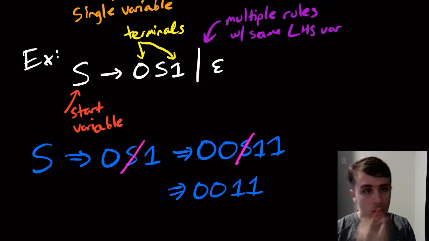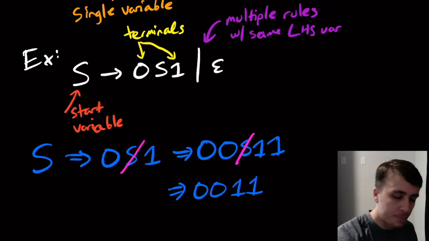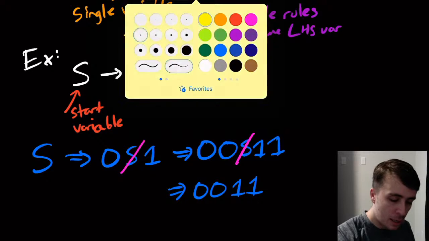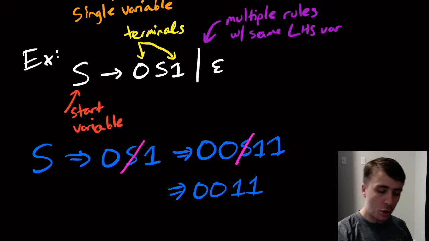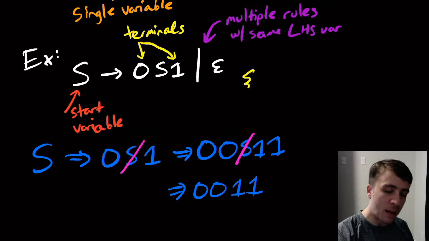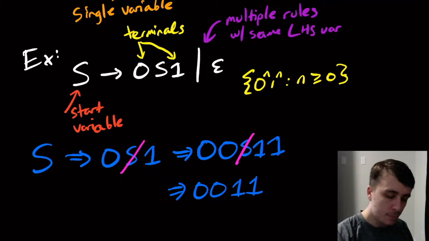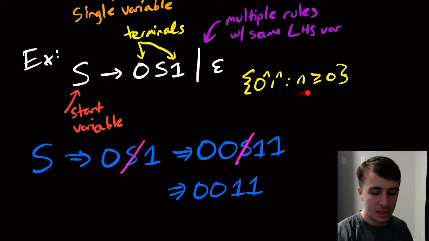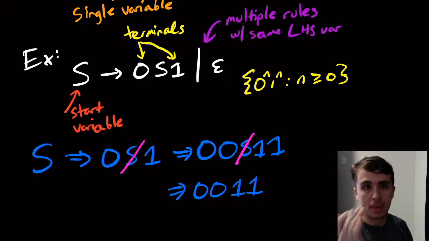And I'll give all the definitions that are needed pretty soon. But first, the language of this grammar, you can pretty easily figure out, is 0^n 1^n, where n is at least 0. The reasoning for this is, if n is 0, then we can just apply S to epsilon, because n equaling 0 is just the empty string.